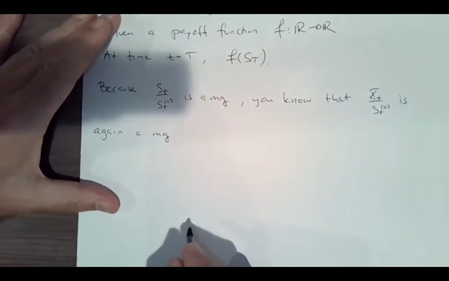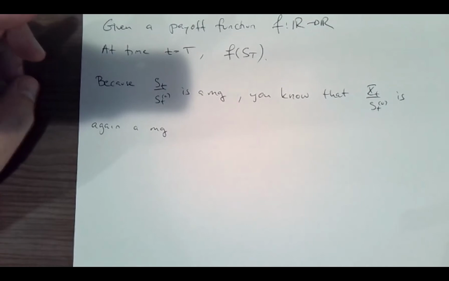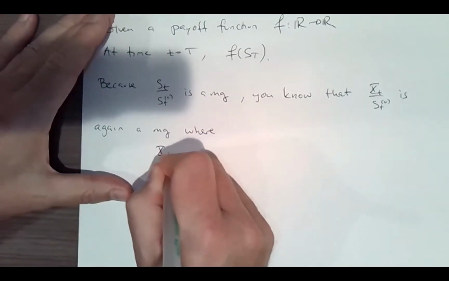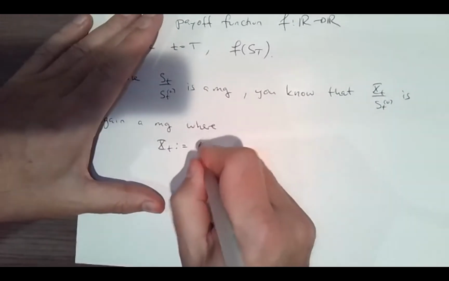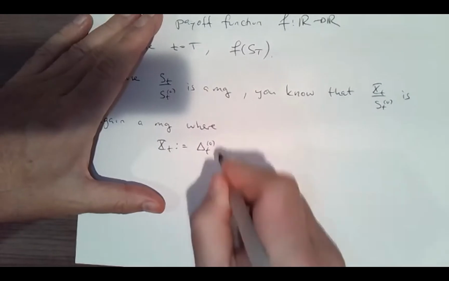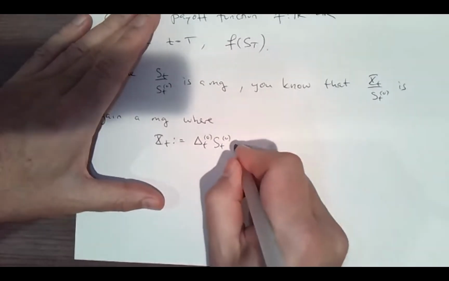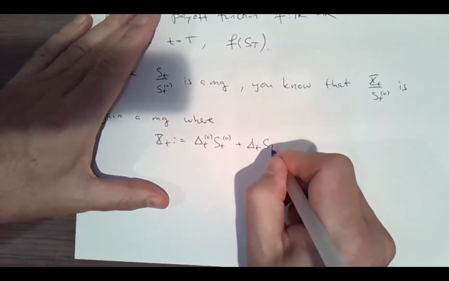We did that in discrete time, and of course that property is going to carry over into continuous time. What is X_t? Well, it's the number of shares of the bank account times the bank account price plus the number of shares of stock times the stock price.